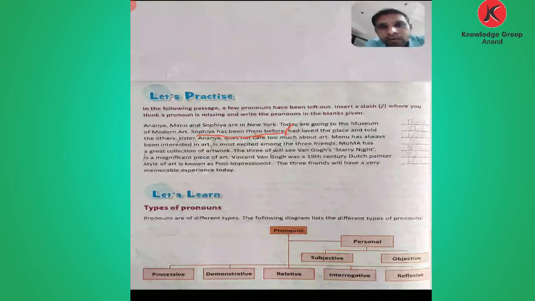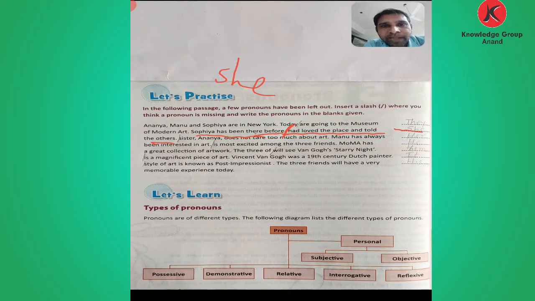In the second line, Sophia has been there before. She has already been there before. Now she had loved the place and told the others. So here I put a slash, and what do we put in the second line? She. She had loved the place and told the others.